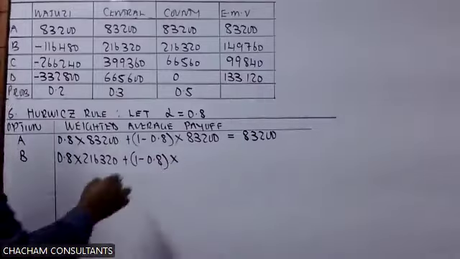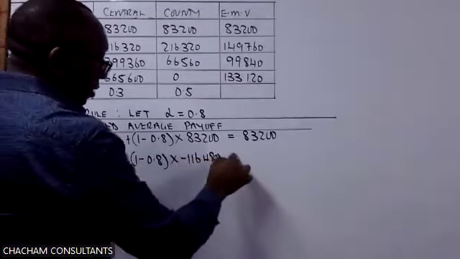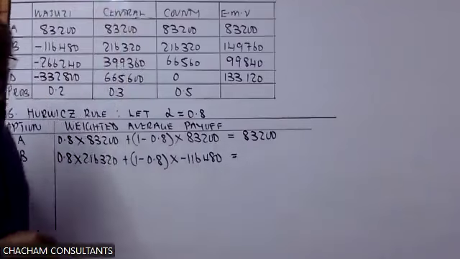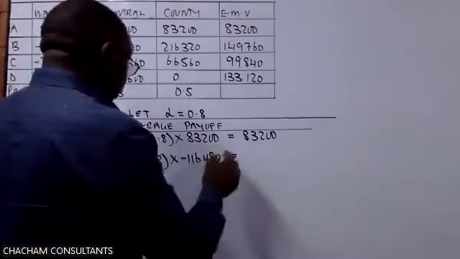The worst is negative 116,480, and the answer is 149,760.